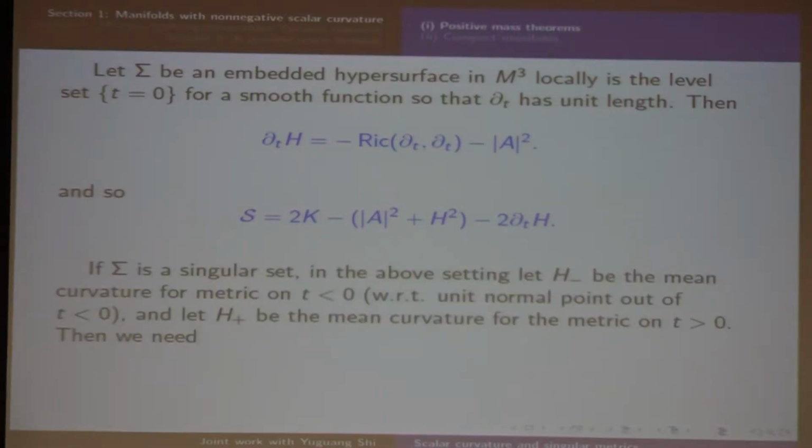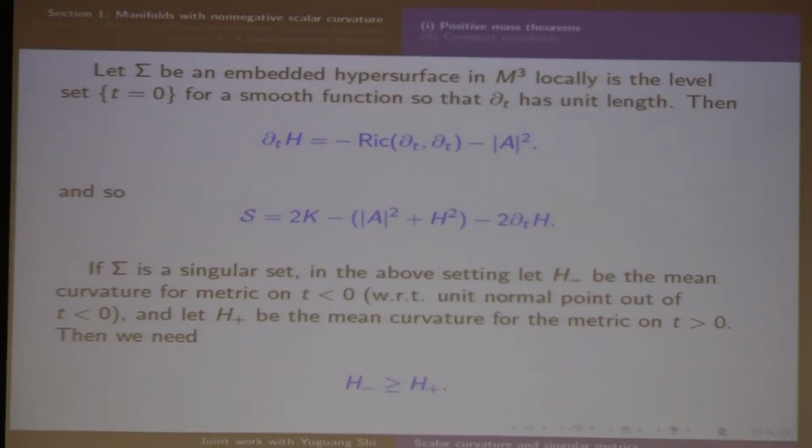Therefore, if sigma is a singular set and you want S to be non-negative, you had better have the following condition. Suppose you have a mean curvature H minus here, and H plus over here. The mean curvatures are not the same. Then, when you integrate, you subtract one from the other, therefore we need this condition.